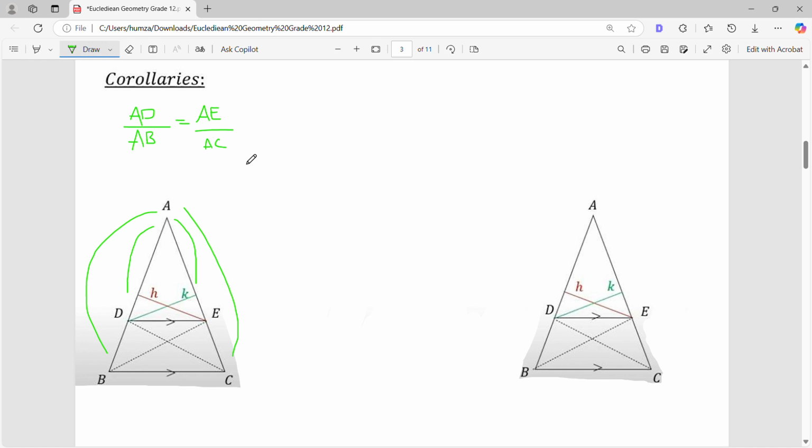So that's why we can say AD over AB is equal to AE over AC. We can also say that AB is to DB and AC is to EC, for the same reason, AB to BD and AC to CE.